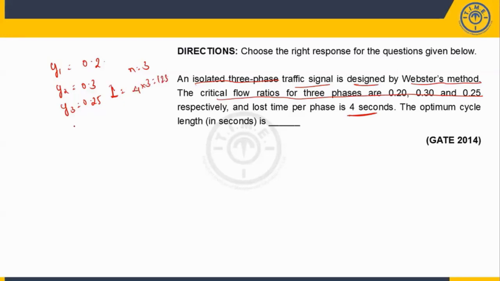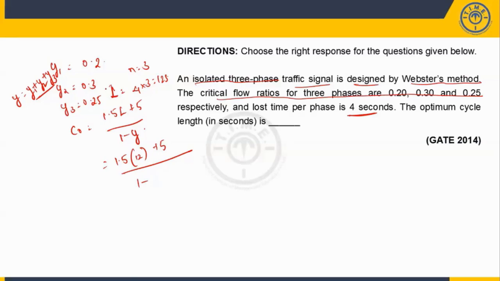12 seconds. Optimum cycle length is given by the formula (1.5L plus 5) upon (1 minus Y). Y is nothing but the combination of all the critical flow ratios. Y equals 0.2 plus 0.3, 0.5, plus 0.25, 0.75.